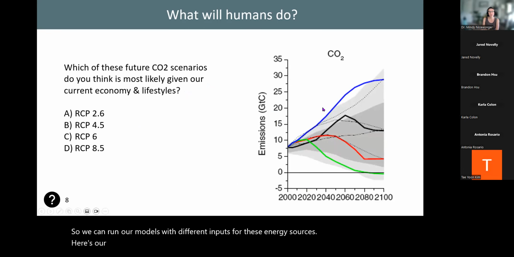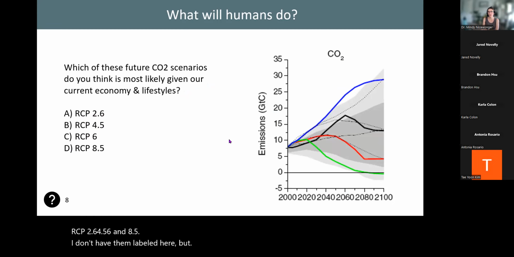Here's our CO2 emissions for each of our scenarios, and I'll let you know, here's the scenarios. RCP 2.6, 4.5, 6, and 8.5. I don't have them labeled here, but we'll talk about it. Which of these future CO2 scenarios do you think is most likely, given our current economy and lifestyles?